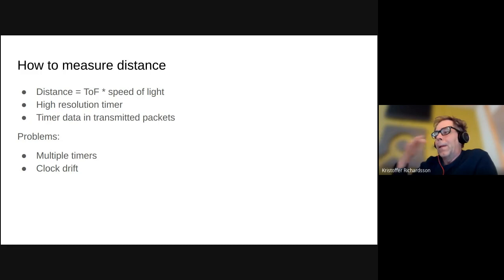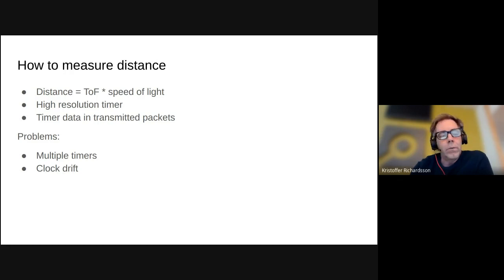And these timers are, like I said, very precise, but they do not run exactly at the same speed, because there is some sort of crystal or whatever it might be that is driving the clock. So this is a bit of a problem, and this is one of the things that needs to be handled in the system, that all these clocks are running at different speeds.